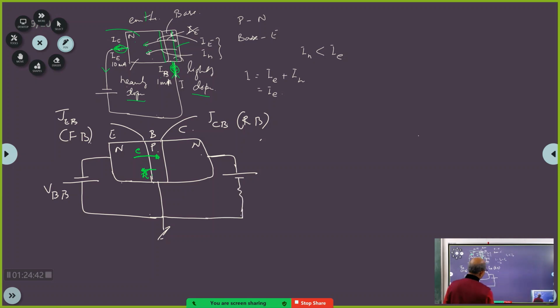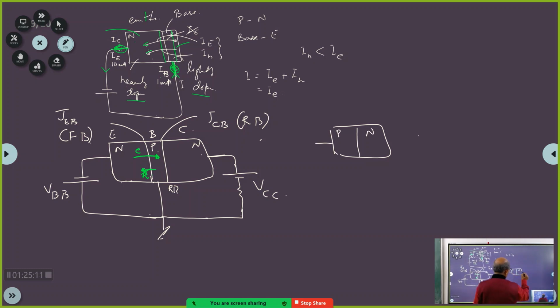Now, is it reverse biased? Yes. This is reverse biased. Now you see, something very interesting happens. This junction is reverse biased. In a normal diode that we have just discussed, which is reverse biased, what will the reverse bias do?